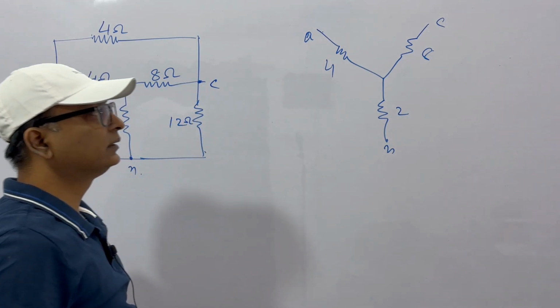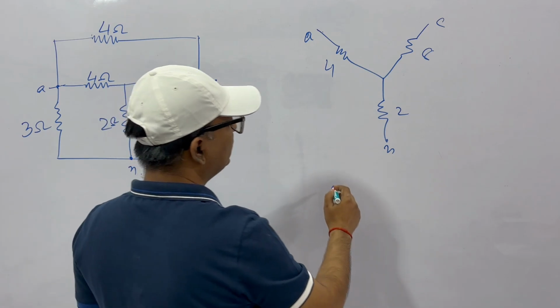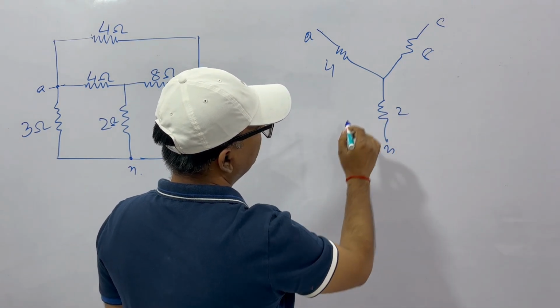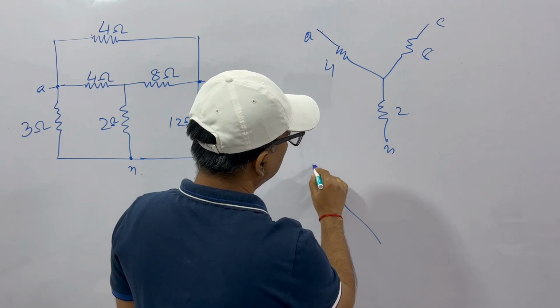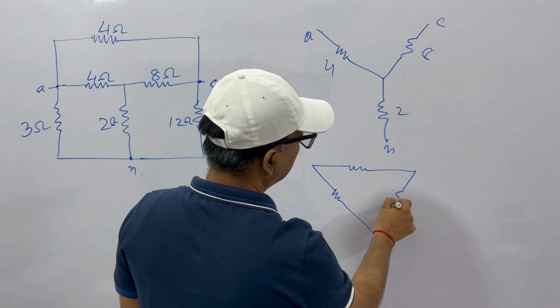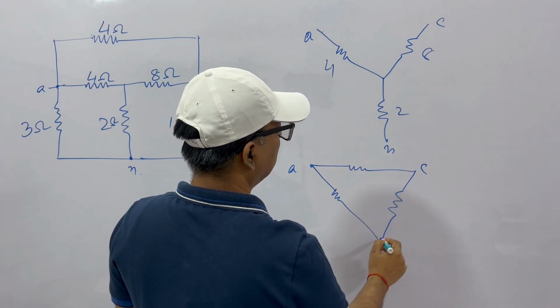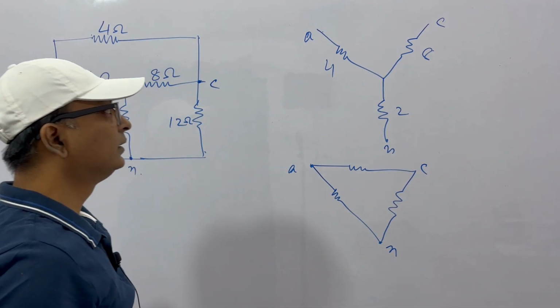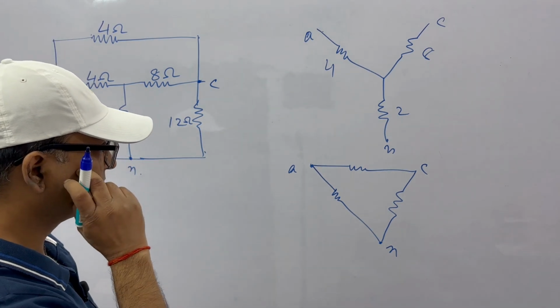So this is in star combination. We can convert it to a delta combination like this. Let this be A, this be C, and this be N. We want to know what the equivalent resistances are.